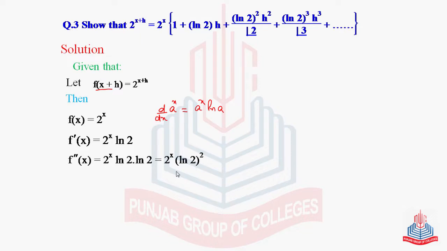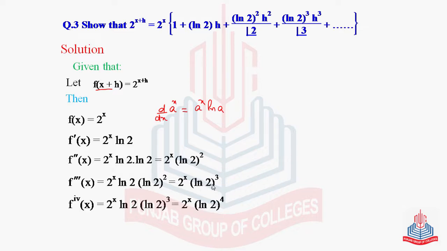Similarly, for the third derivative, this log of 2 square is the constant term and will remain same, and the derivative of 2 raised to the power x will become 2 raised to the power x into log of 2. Overall, the third derivative will become 2 raised to the power x into log of 2 cube. And similarly, the fourth derivative will become 2 raised to the power x into log of 2 raised to the power 4.